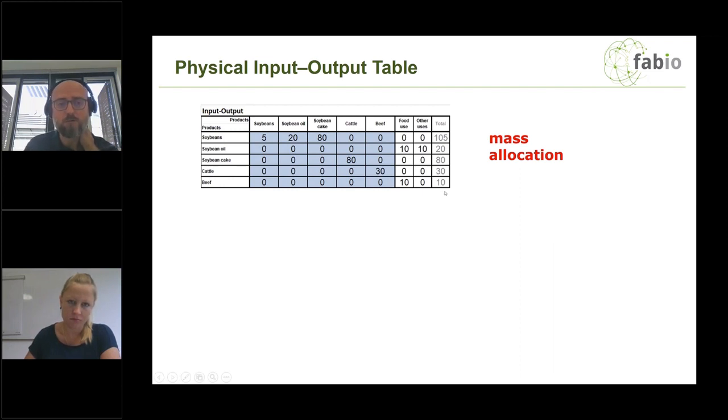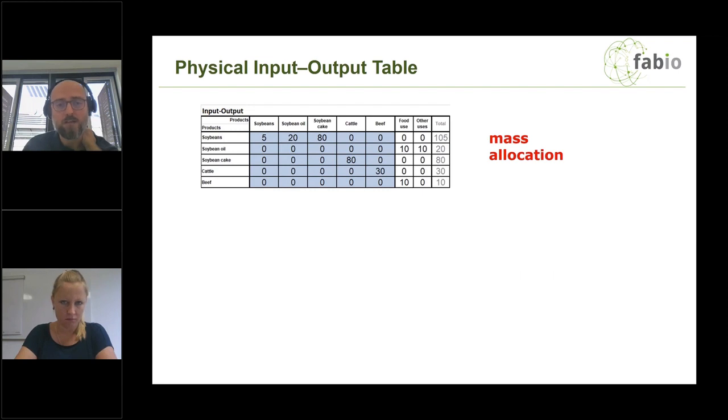So this input-output table is using mass allocation. That means that the soybean input into soybean oil extraction is split among soybean oil and soybean cake according to their mass.